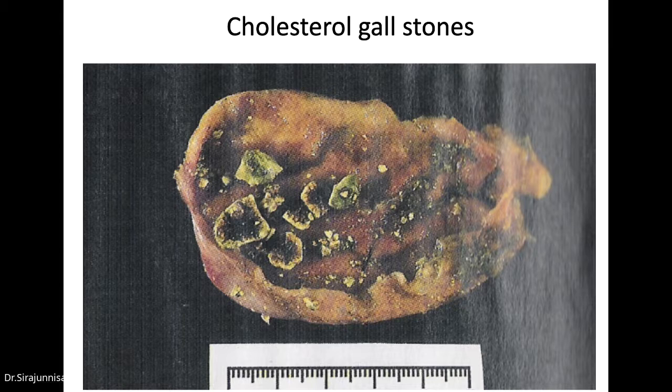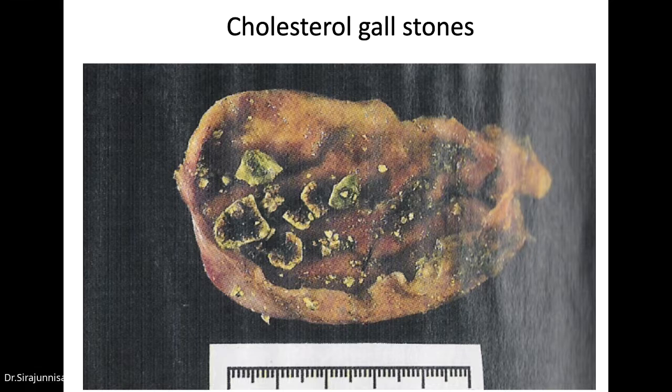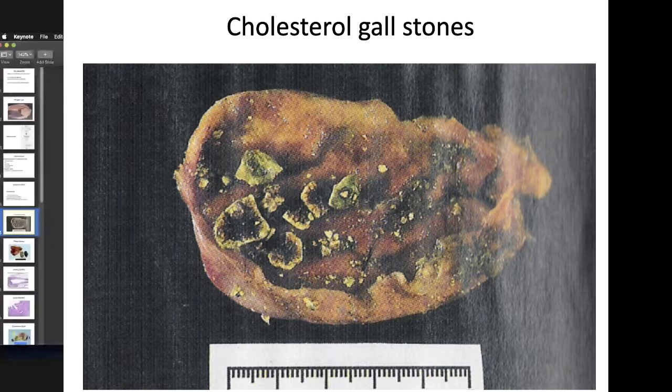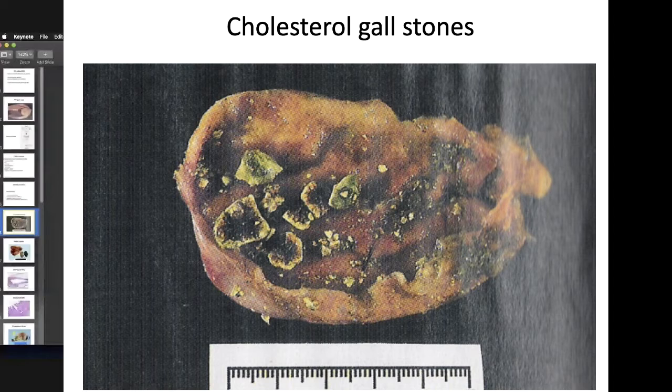When predominantly pure cholesterol stones, they will be radiolucent. In 10 to 20% they will be impregnated with calcium salts, thereby giving a black color to the cholesterol stones. Single stones are usually avoided, and multiple cholesterol stones are all faceted, multifaceted.